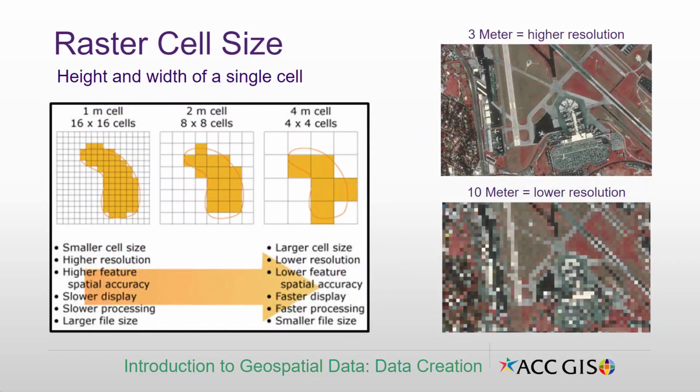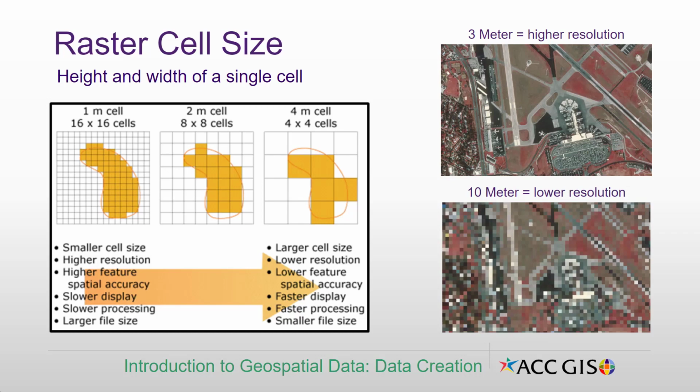So raster cell size is important to consider when you are utilizing this data structure to model your world. The height and width of a single cell can really affect the resolution of your data. And in the image on the left, you can see the same feature, this kind of kidney bean shaped pond, we'll say, mapped at different resolution or cell sizes, 1 meter cells, 2 meter cells, or 4 meter cells.